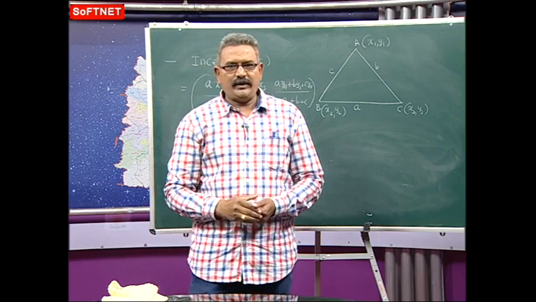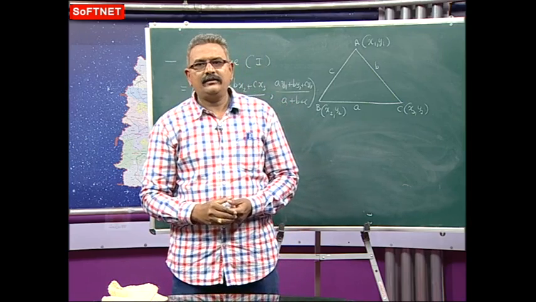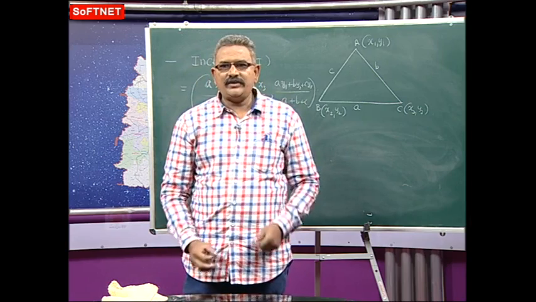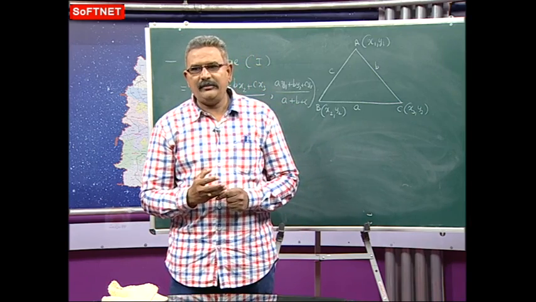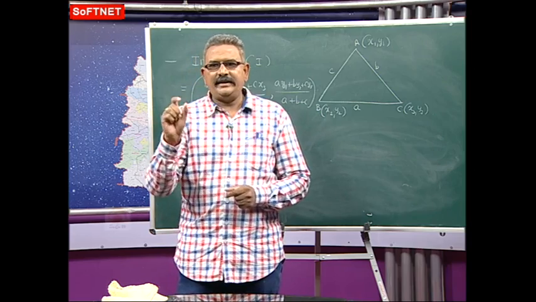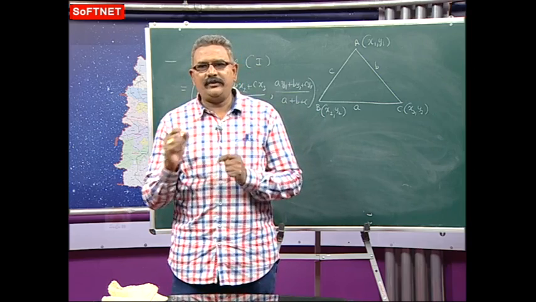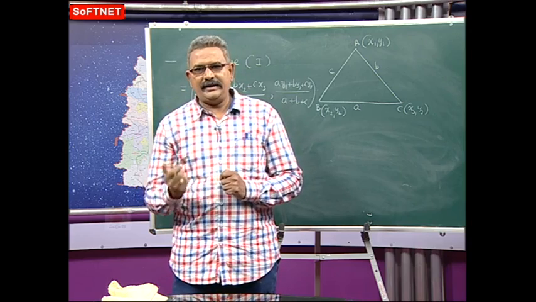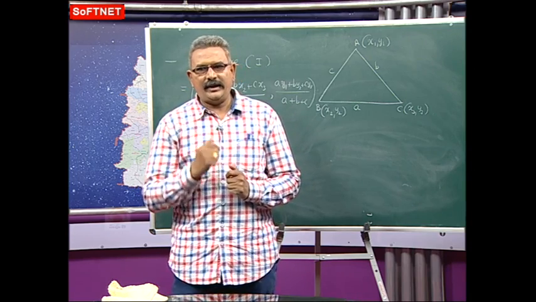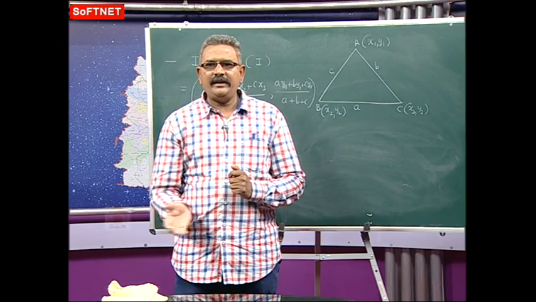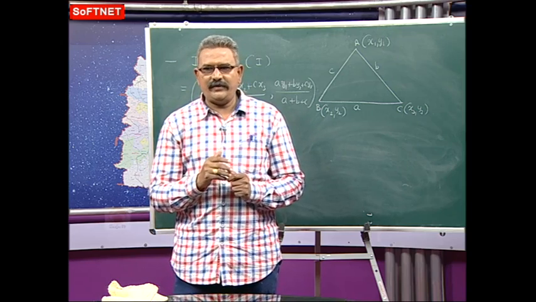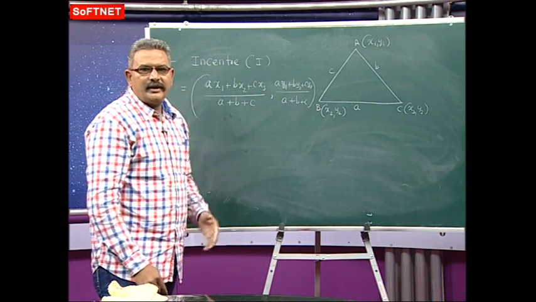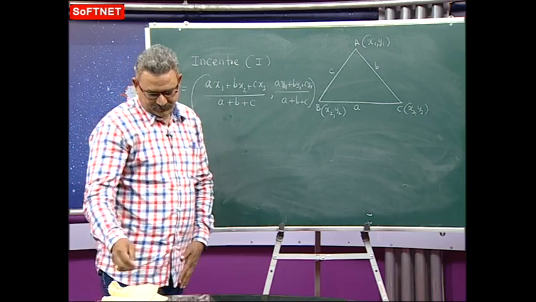Now, if you want to find the in-center of a triangle whose vertices are given, first we have to find a, that is the distance from B to C. Next we calculate b, that is CA, and then c. Having calculated the values of a, b, c, using this formula we can find the in-center of the triangle.